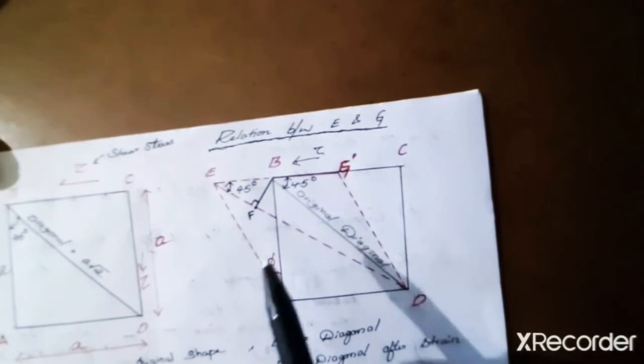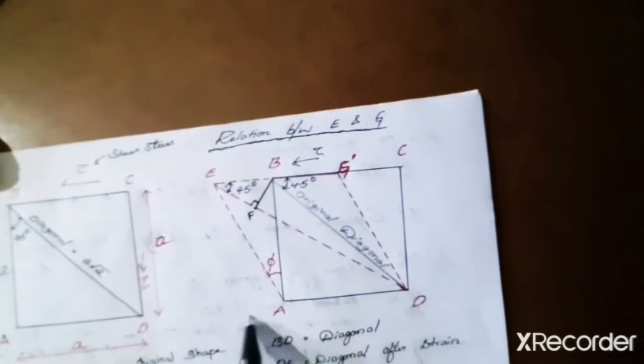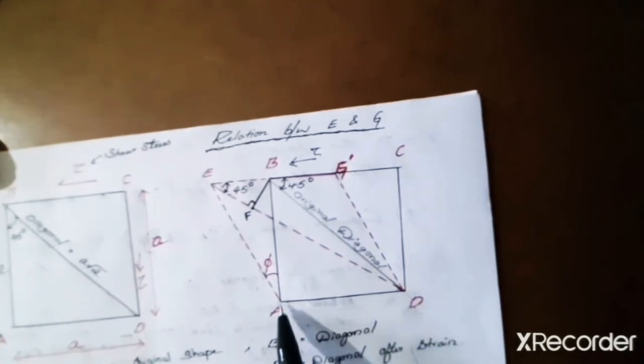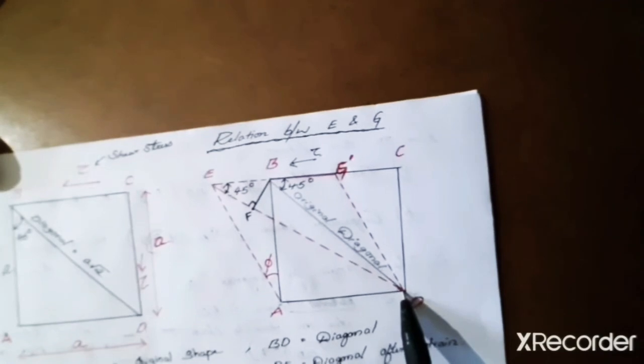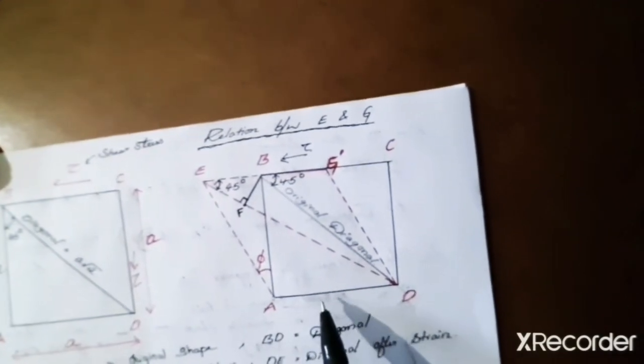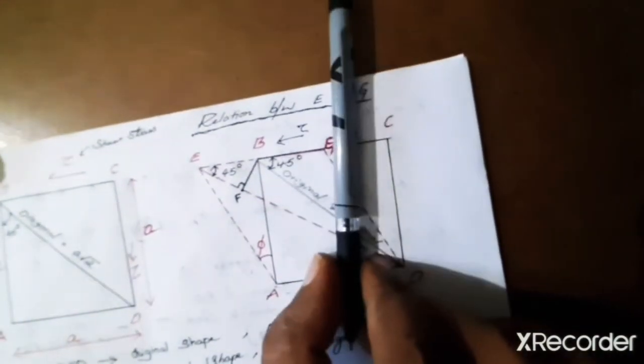Because of the shear stress tau acting on the side BC, the body is going to deform. Since there is friction between the surface which is holding it here, the side AD does not move directly, just like an object. For example, if I just push an object, it moves forward, right?